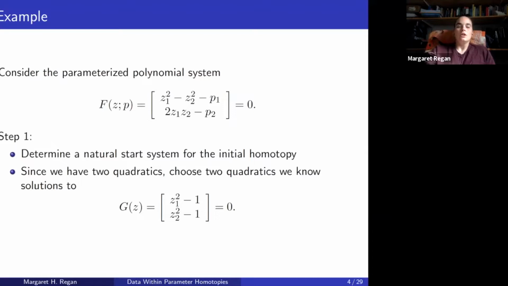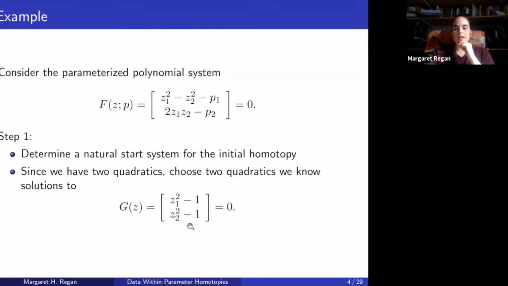And so what this entails is that we find a start system for our homotopy. And what that means is we find a similar related polynomial system that we know the solutions to. The general method is to determine some polynomial system G, and this is our natural start system that I list here.